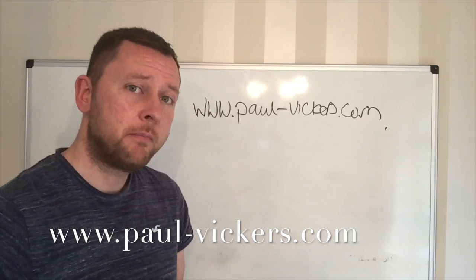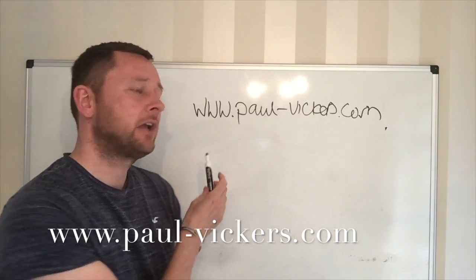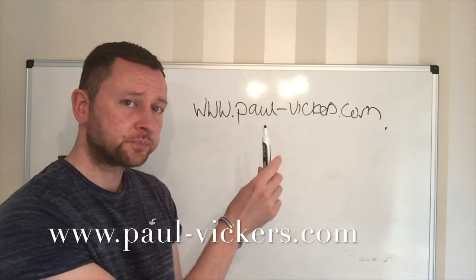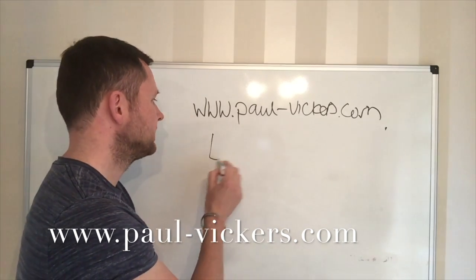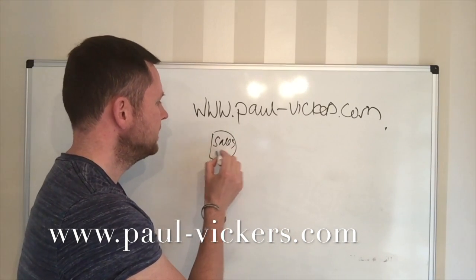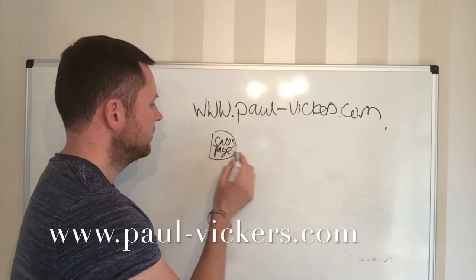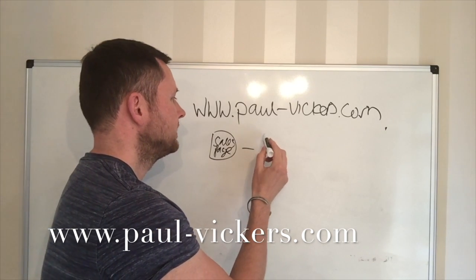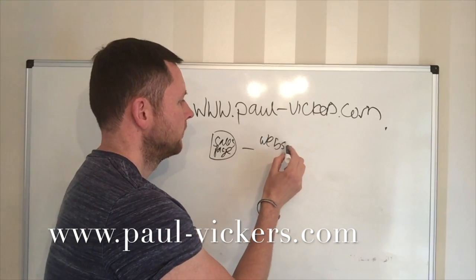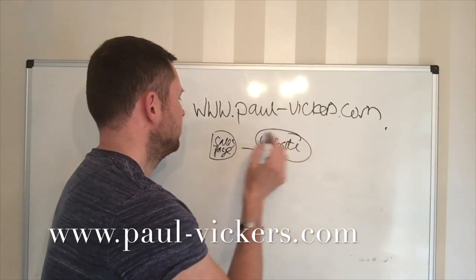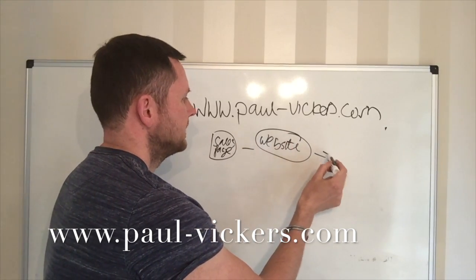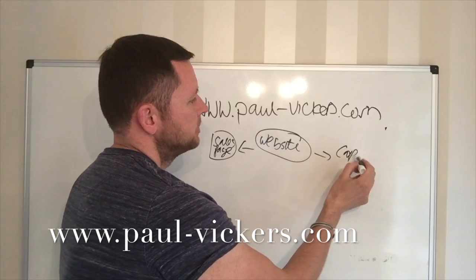Then from that one domain you can link any of your online advertising, whether you're sending advertising to a specific sales page, to your website, or to a capture page.